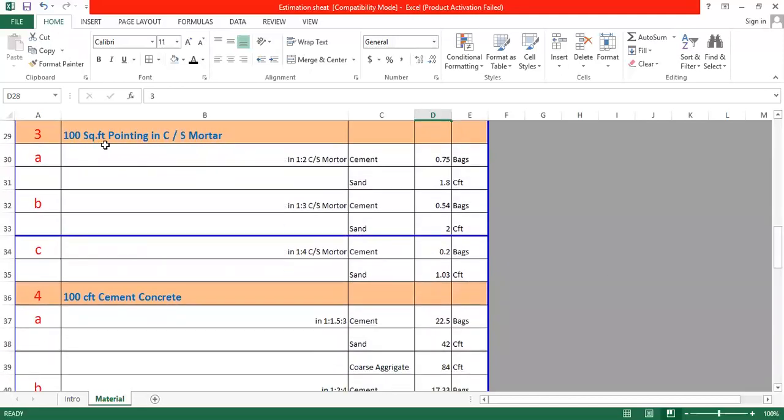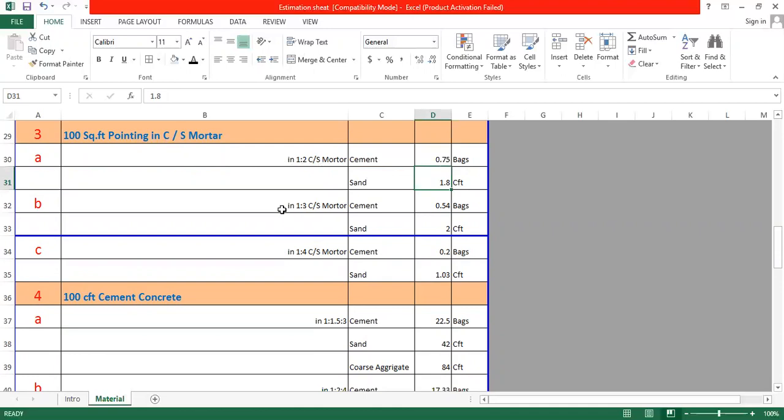Now for 100 square feet of pointing in cement sand mortar: if you use 1:2 cement sand mortar, then the cement required will be 0.75 bags and the sand required will be 1.8 cubic feet.